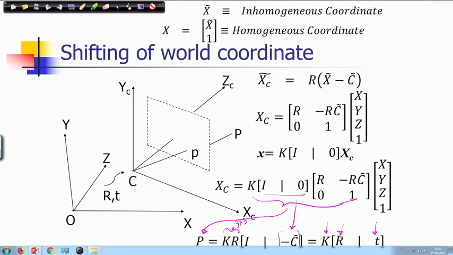That means, you can get the rotation matrix, you can get the translation of the coordinate system, translation of the origins, if I can find out what the matrix K is. So, from there we can get all these components. So, these forms are interesting because they can give you different information from the projection matrix itself.